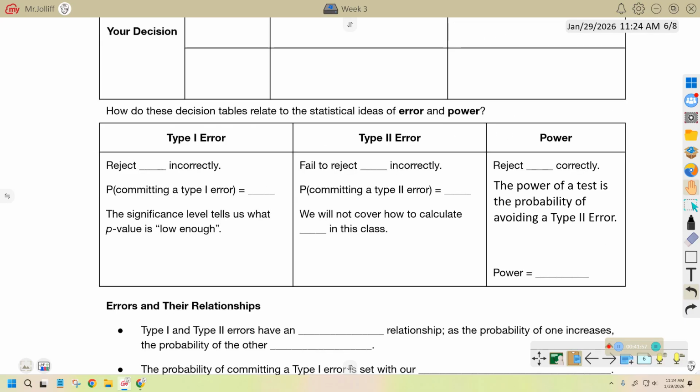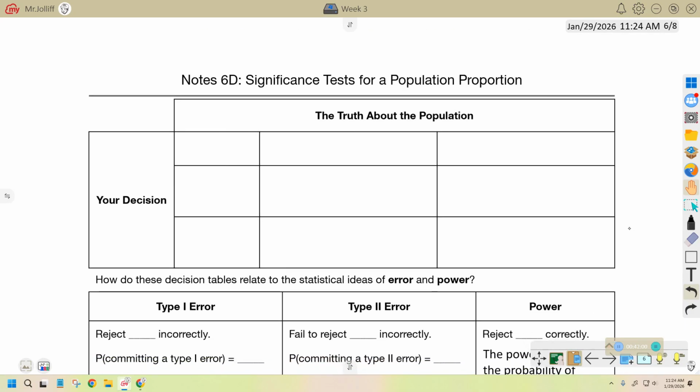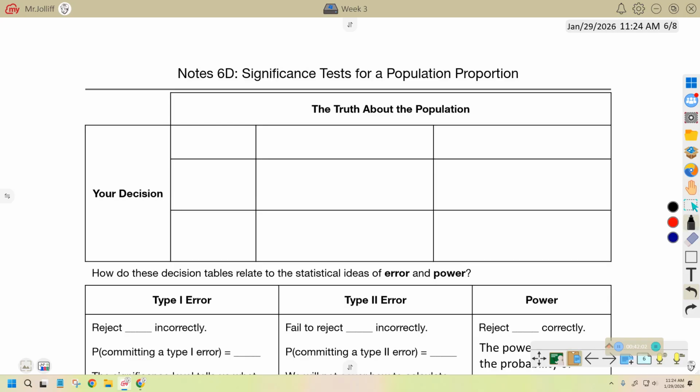So, there you go. I'm hearing good words. That makes me happy. So let's fill out the edges because we know what the edges look like. This is reject and not reject.